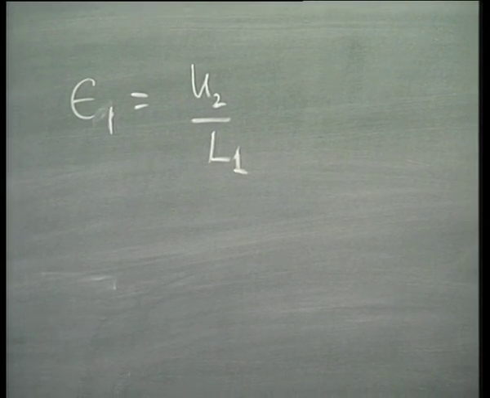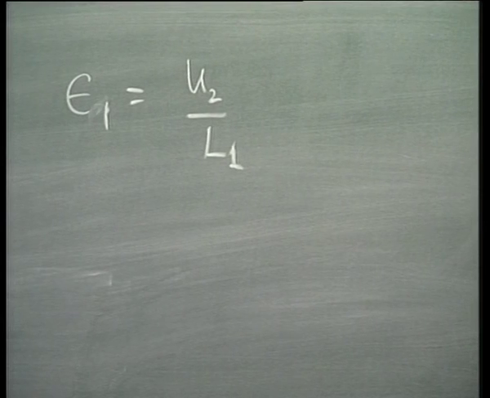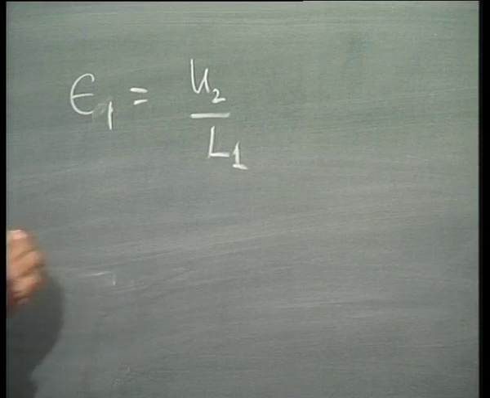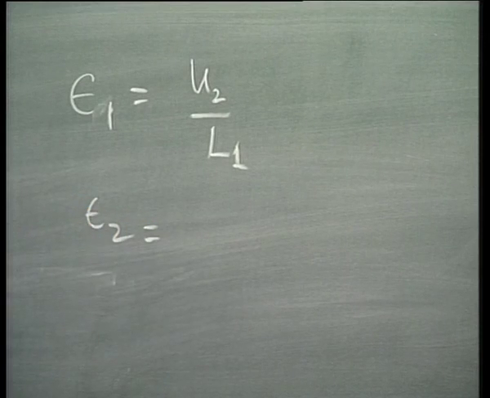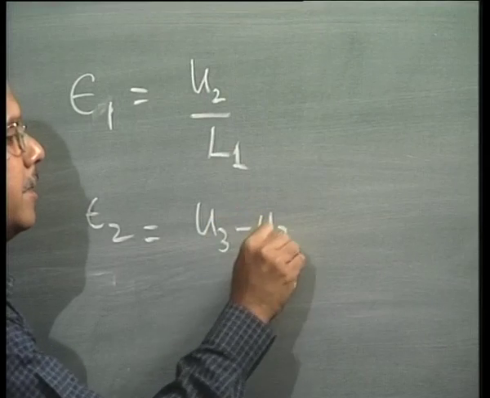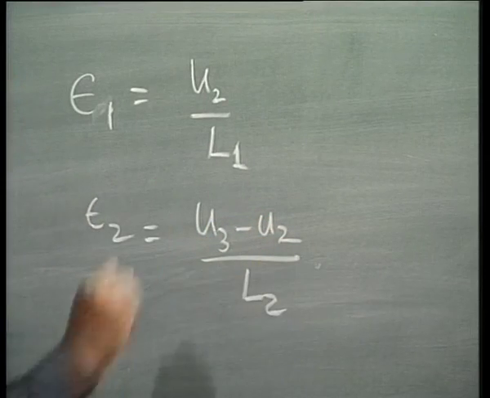I can also determine epsilon 2, which is written as u3 minus u2 divided by L2. Very good.